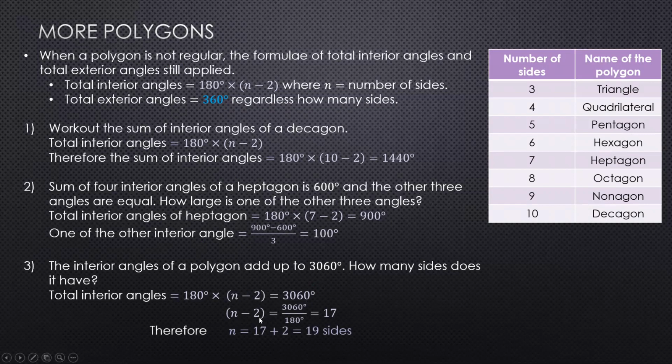We don't know this, so we move this down, and we get 17. What we want is the number of sides, which is n. So to find n, we need to add 2 to 17. Altogether that will be 19 sides. So I know this polygon has 19 sides.